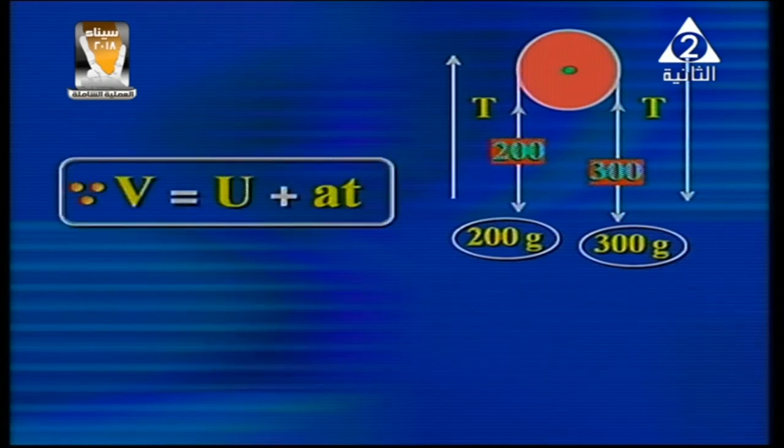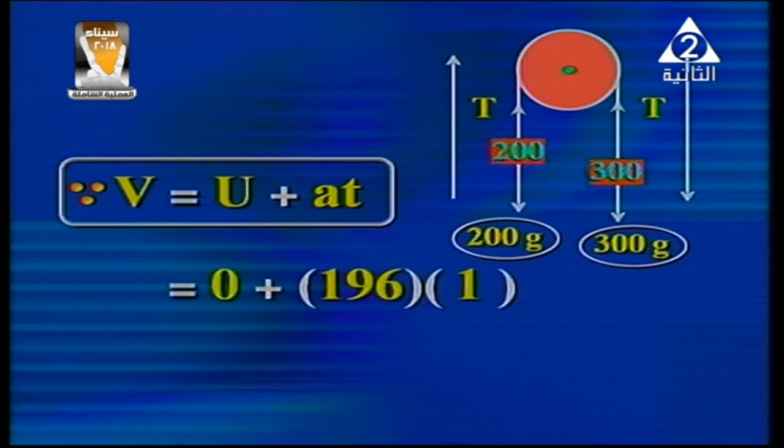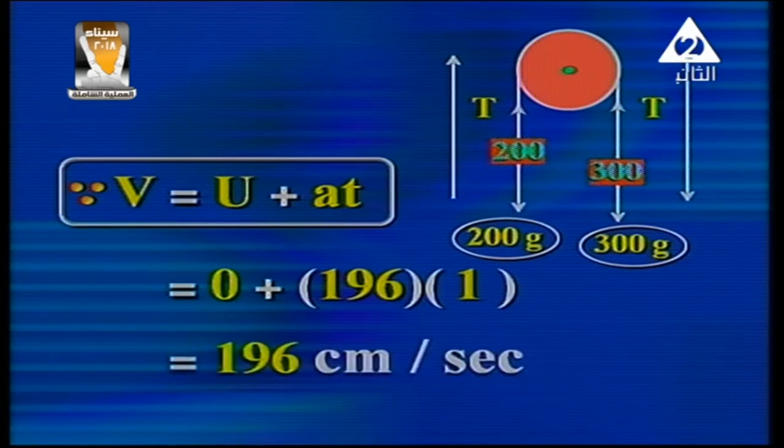Remember, dear student, the first Newton law is v equals u plus at. By substitution, initial velocity equals 0, acceleration 196, and t equals 1, then v equals 196 centimeter per second.